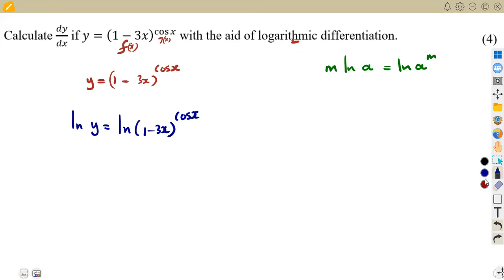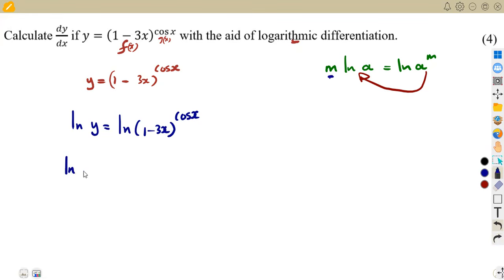When raised as an exponent like this, m is going to be dropped to multiply the log. So this is the reverse that we are taking to this stage. So here we've got ln and an exponent, which is m ln a. That is, we are going to multiply with the cos of x, which is representing what? Our m in this case, all right?